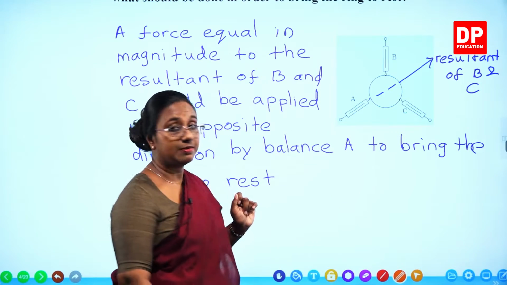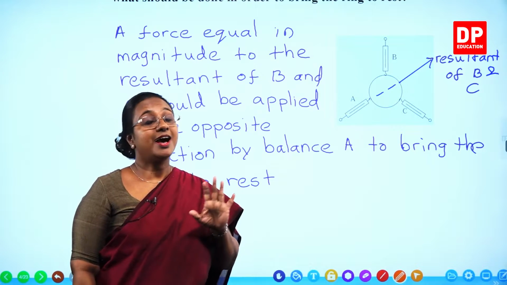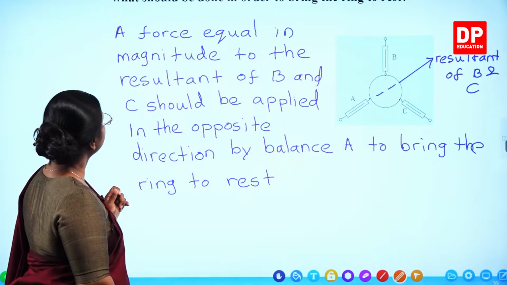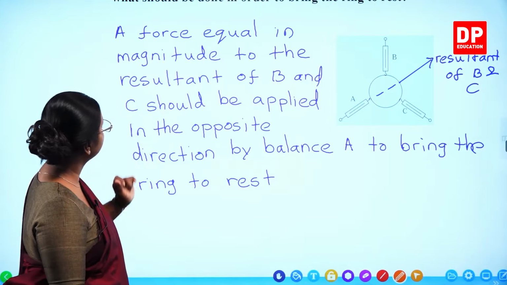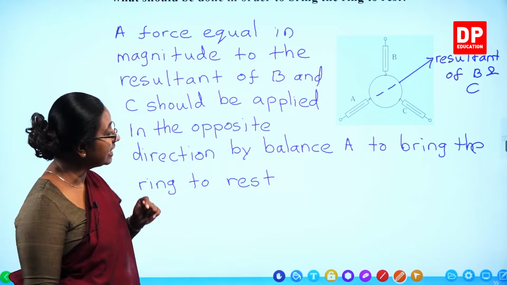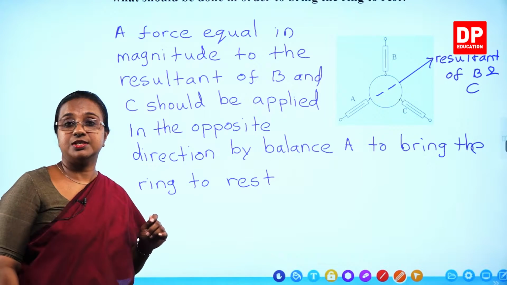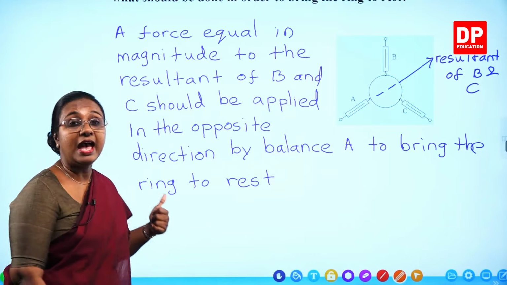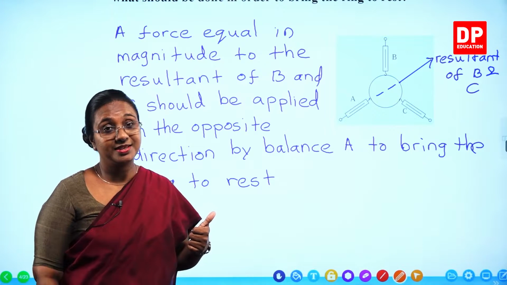So then the ring will be at rest. I am sure you all were able to explain this to them. So a force equal in magnitude to the resultant of B and C should be applied in the opposite direction by balance A to bring the ring to rest. So you have to mention both. The magnitude has to be the same and the direction has to be opposite.